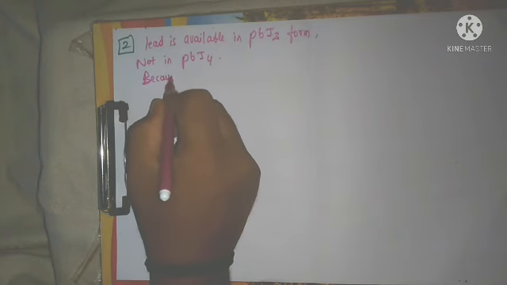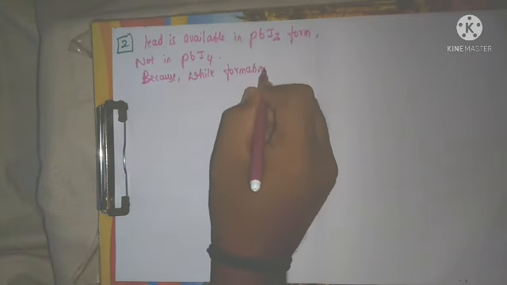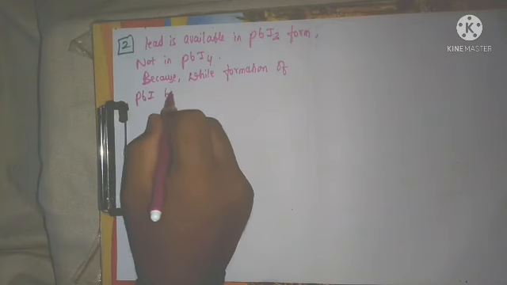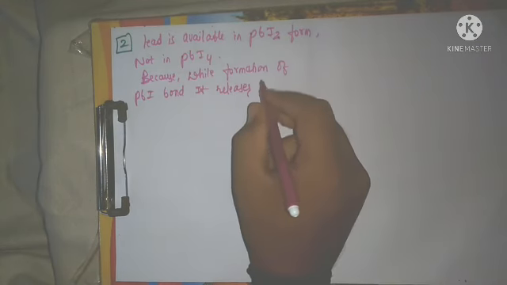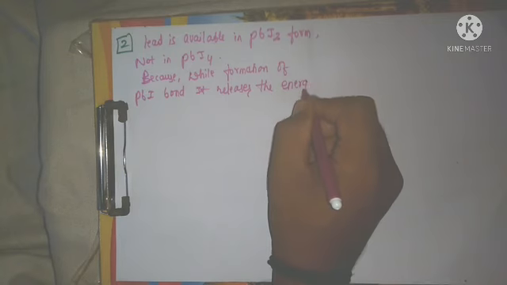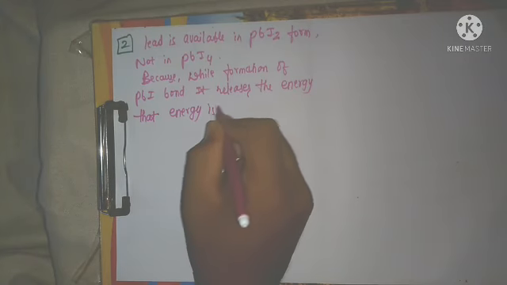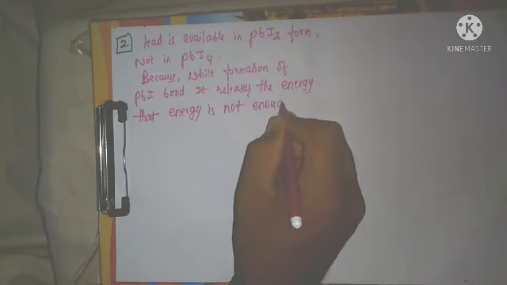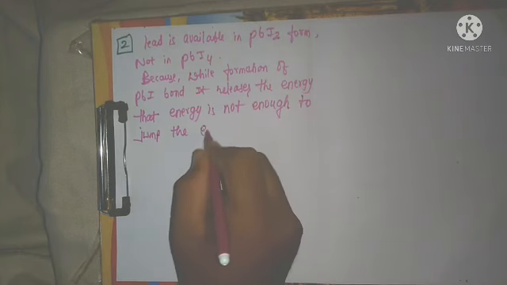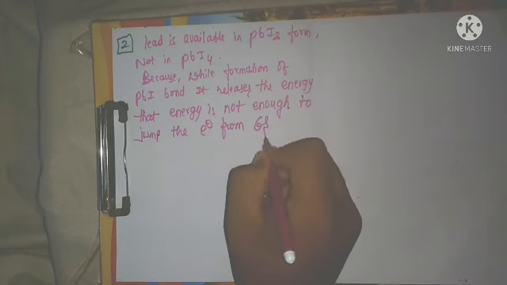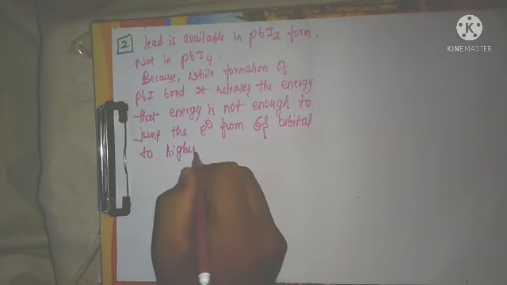Because while forming the Pb-I bond, it releases energy, and that energy is not enough to jump the electron from the 6s orbital to a higher energy orbital.